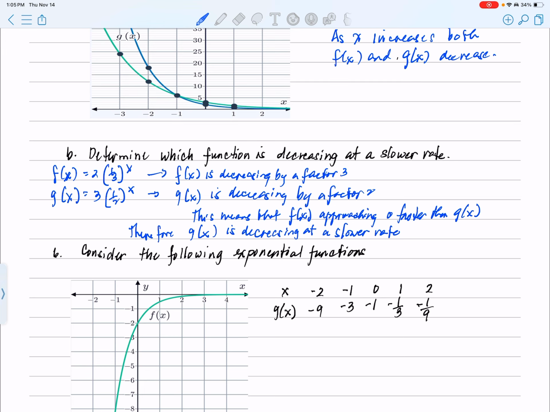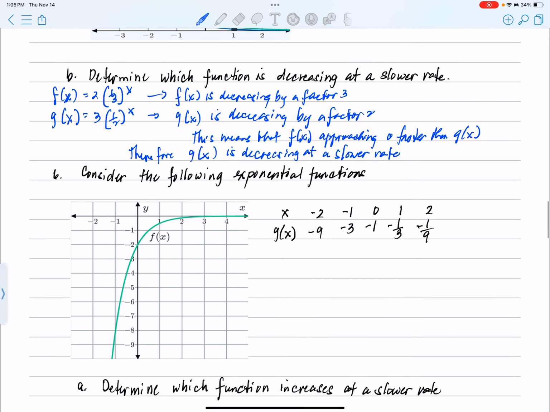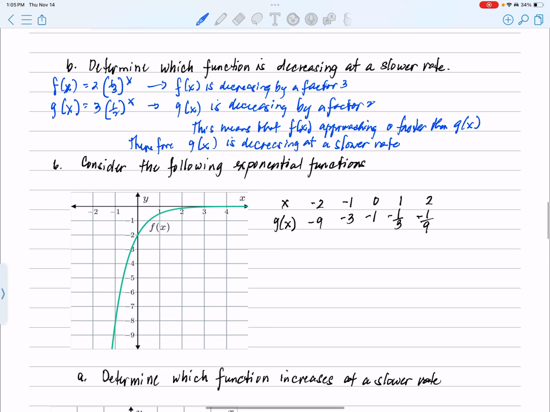Okay, consider the following exponential function. We have the values of x from -2 to +2, and g of x is from -9 to -1/9.